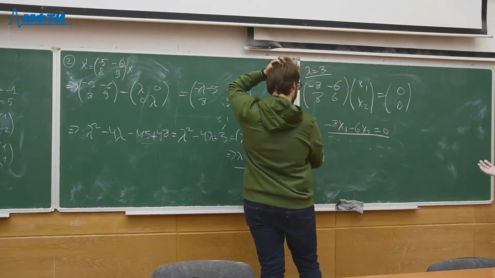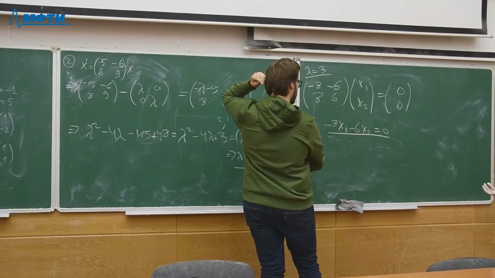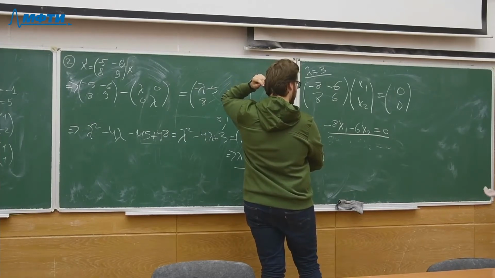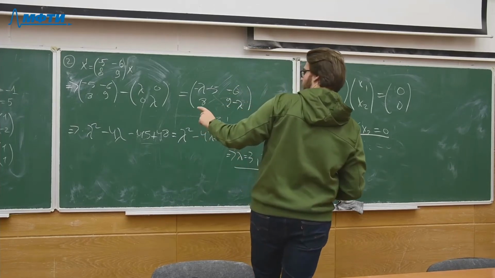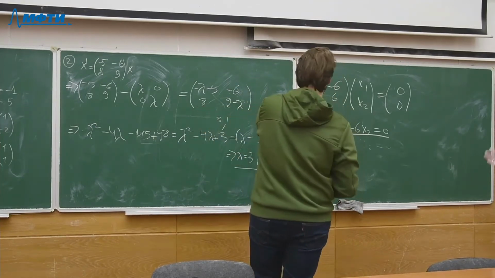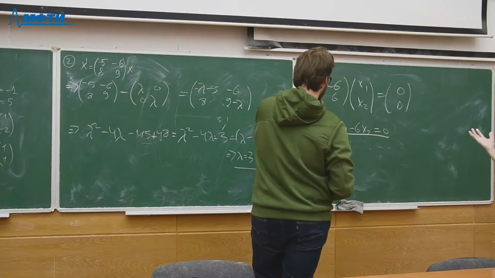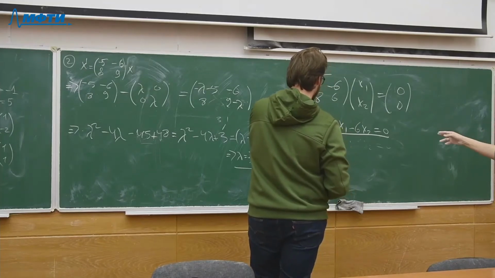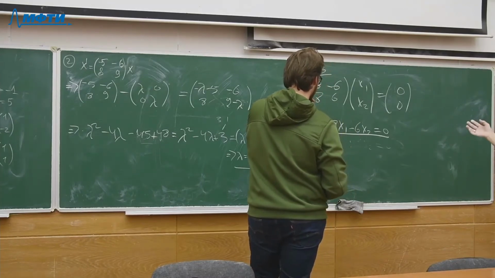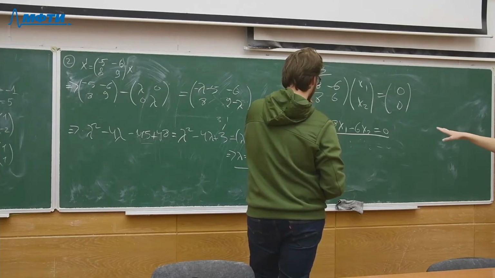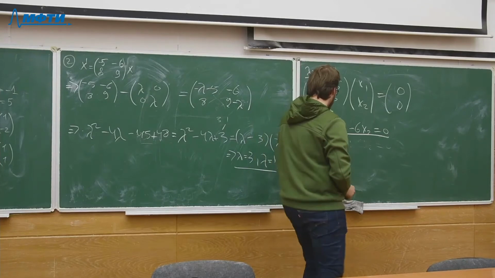Now solve this equation. You need to find the eigenvector. To find an eigenvector, you need to solve this equation, either by substituting or by guessing. You need to guess two numbers, x1 and x2, both non-zero, so that this equation is satisfied by them.